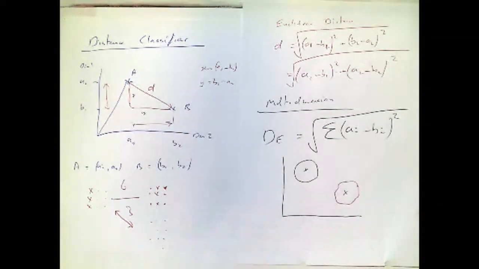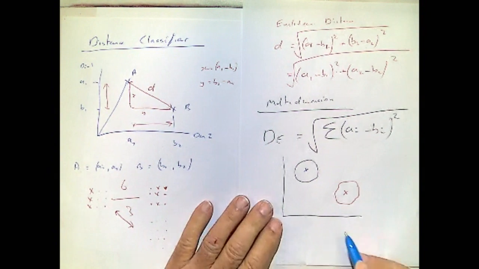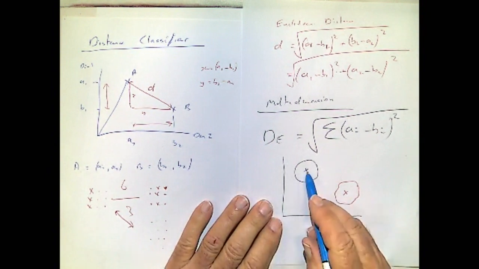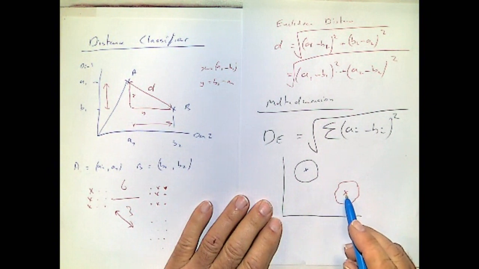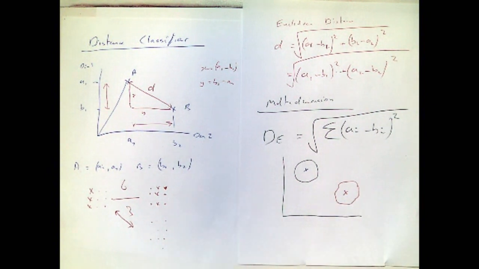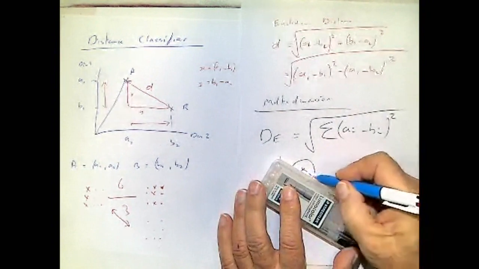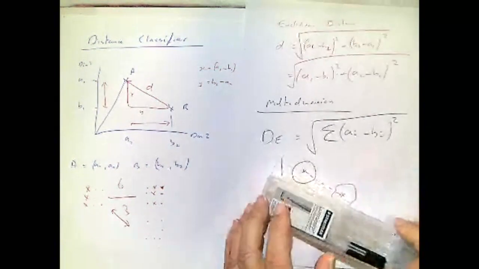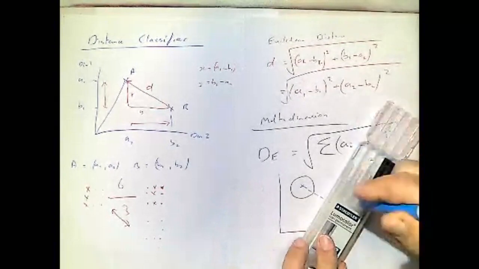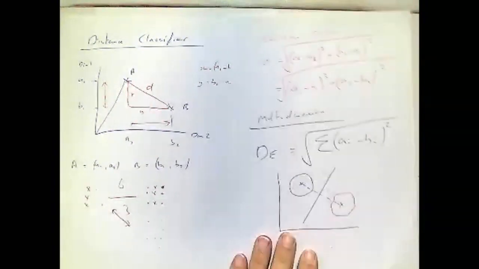If I represent those clusters, they're pretty uniform, by one reference pattern, and I'm using distance classification, the line of equidistance from the blue and the red X is going to be the line joining the 2 reference patterns, and the line at right angles to that is the decision surface.